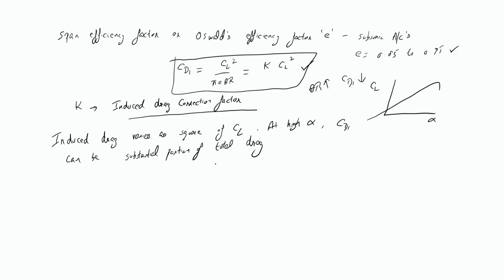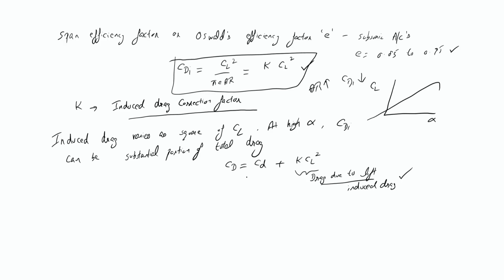Alright, now finally we can write here CD equals CD naught plus K CL square. Now this is the drag due to lift, or induced drag. Okay, if there is a lift, there will be induced drag as I mentioned before.